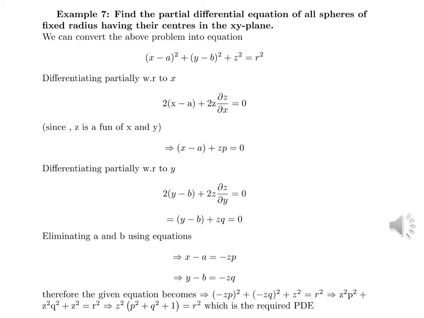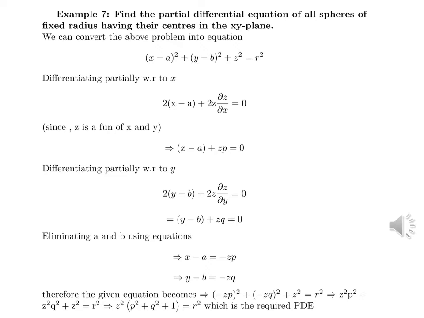You get 2 into x minus a plus, here the second term becomes 0 because it doesn't have any other quantities involved such as x or z. So next you have to partially differentiate with respect to x for the function z square.